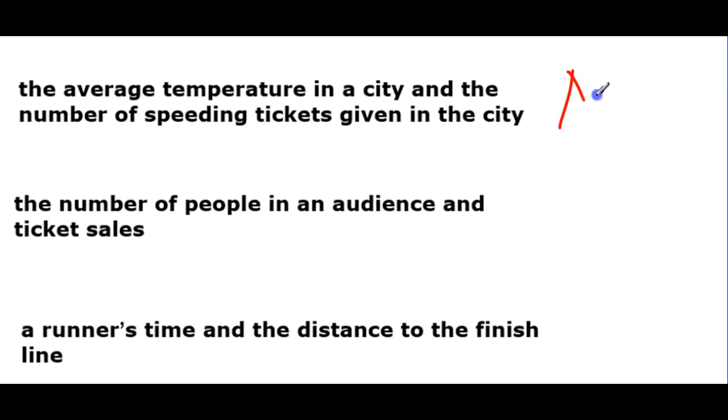Next, the number of people in an audience and the ticket sales. If the number of people in the audience goes up, does that mean ticket sales went up, or went down, or is there no relationship? This one would be a positive correlation.